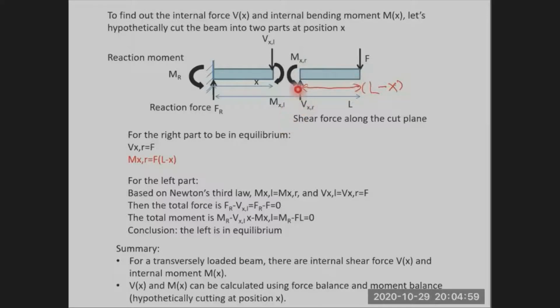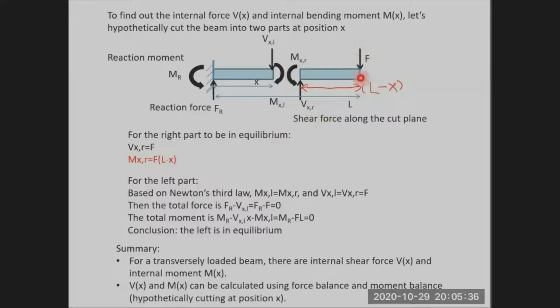Then we conclude that there must be a force Vxr occurring along this hypothetically cut plane. This Vxr is parallel to this plane, so this force is actually a shear force. And this force must be equal to F. Vxr should be equal to F based on Newton's law.